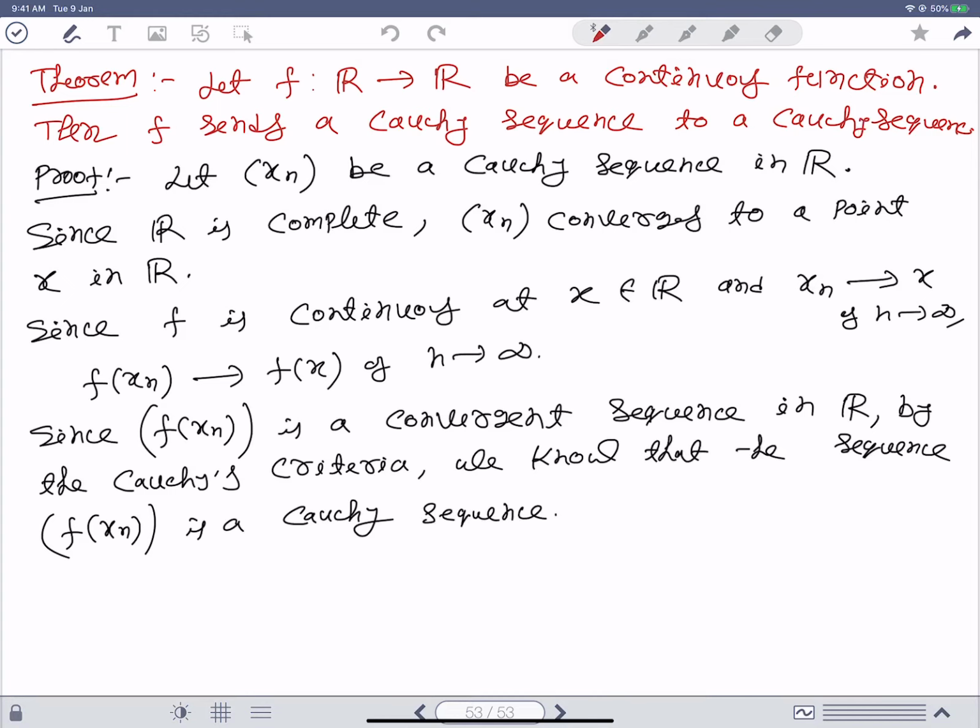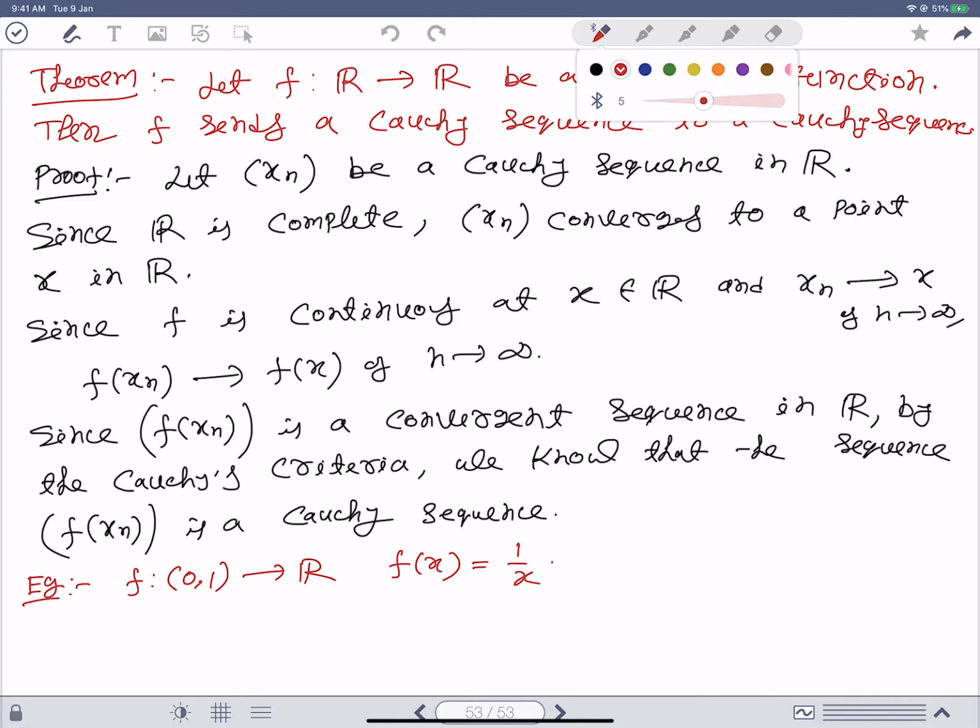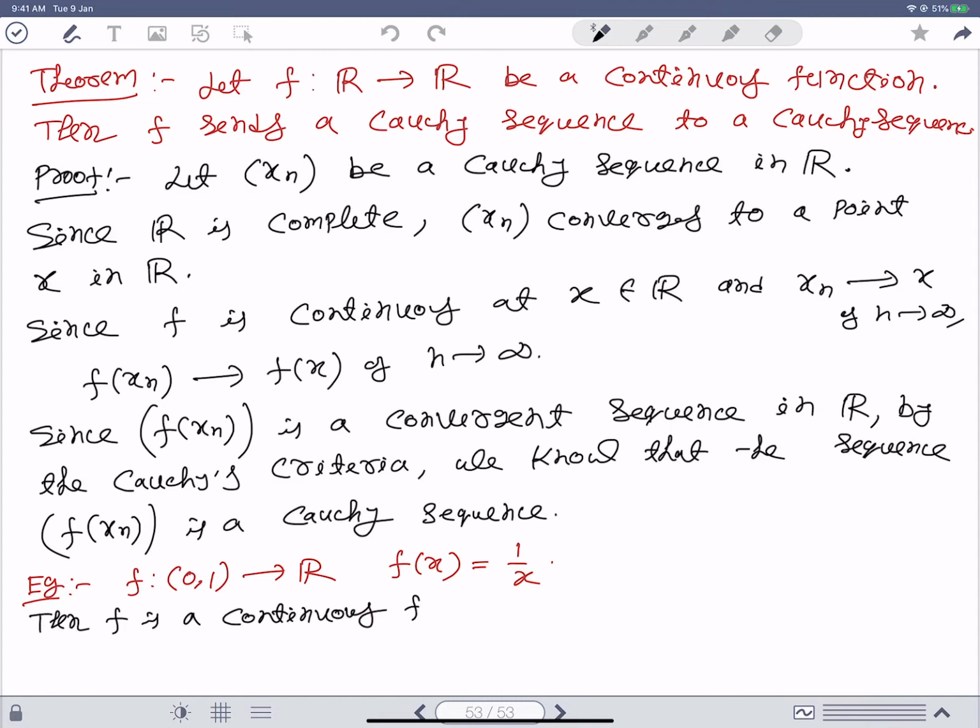Now what will happen if we take the domain as a proper subset of R? Then can we say that f sends every Cauchy sequence to a Cauchy sequence? In that case, we cannot say that. For example, if we take a function f from the open interval (0, 1) to R defined by f(x) equals 1 by x, then obviously f is a continuous function.